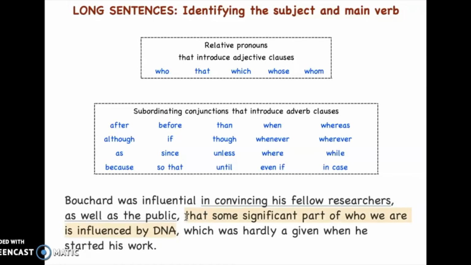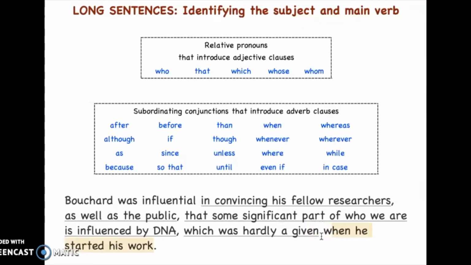That whole chunk right there is a clause that starts with that. And then we have another clause here that starts with which. Which was hardly a given, and so we'll underline that. And then we have a clause here, when he started his work. We have when down here, so this is another clause.